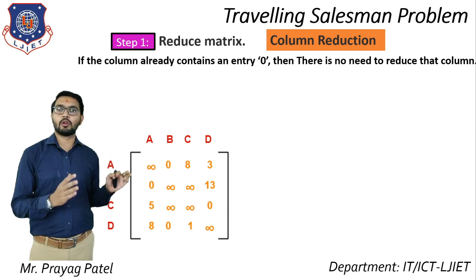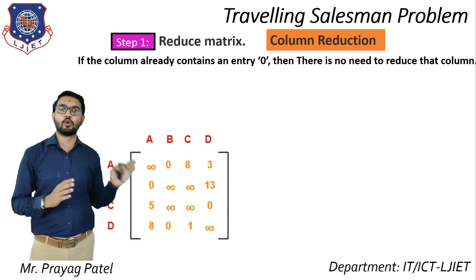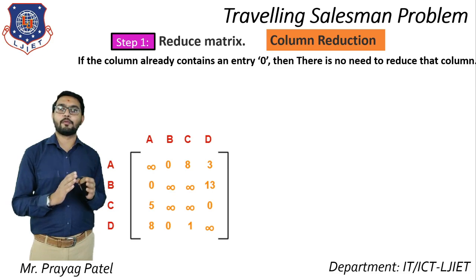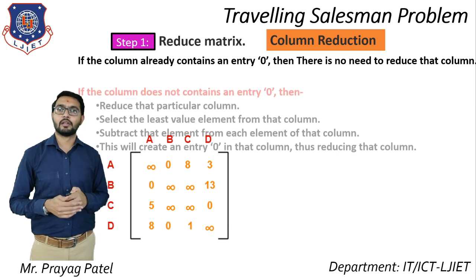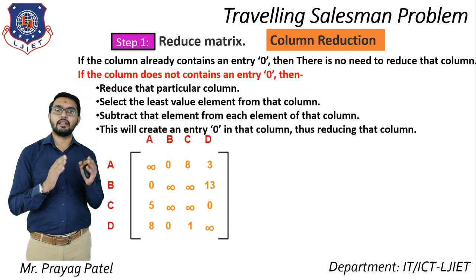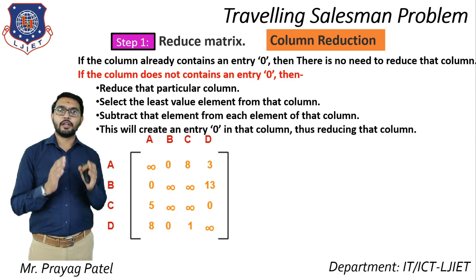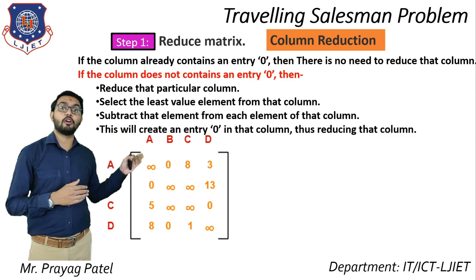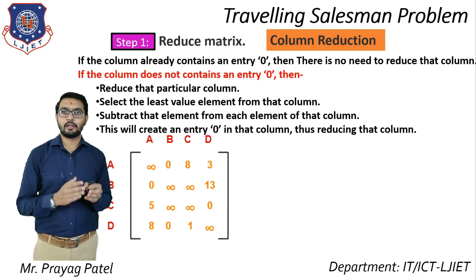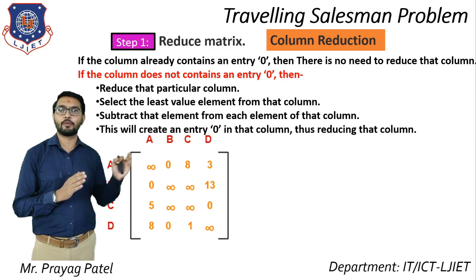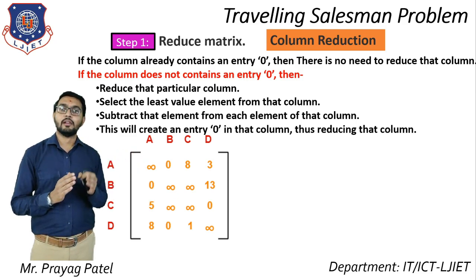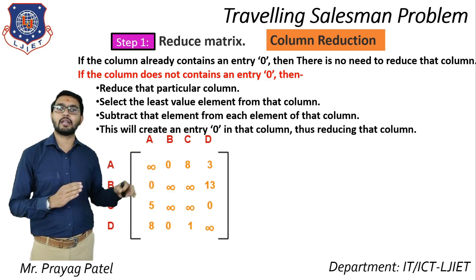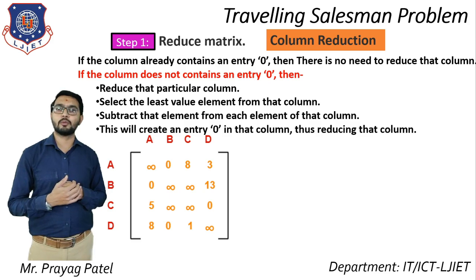If any column contains a 0 element, then there is no need to perform the column reduction operation on it. But if the column does not contain a 0 entry, then reduce this particular column. For reducing any column, you take the minimum or least value from that column and subtract this value from the column; the resultant matrix is the column reduced matrix.